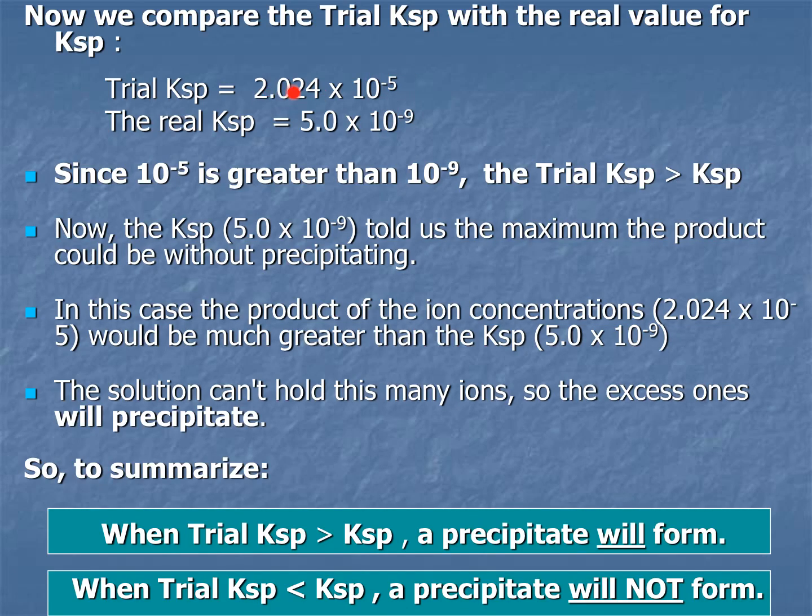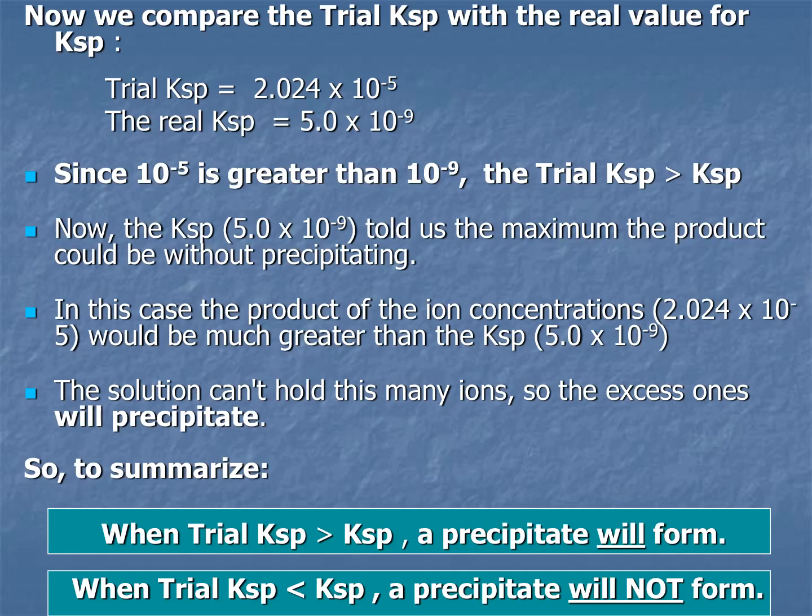Often people will look at the 2.024 and the 5 and say, well, this is smaller. Times 10 to the negative fifth versus times 10 to the negative ninth is a huge difference. So there's a large difference in the solubility here. So now, since the Ksp told us the maximum amount of product that could be made without precipitation, we now know that a precipitate will form.